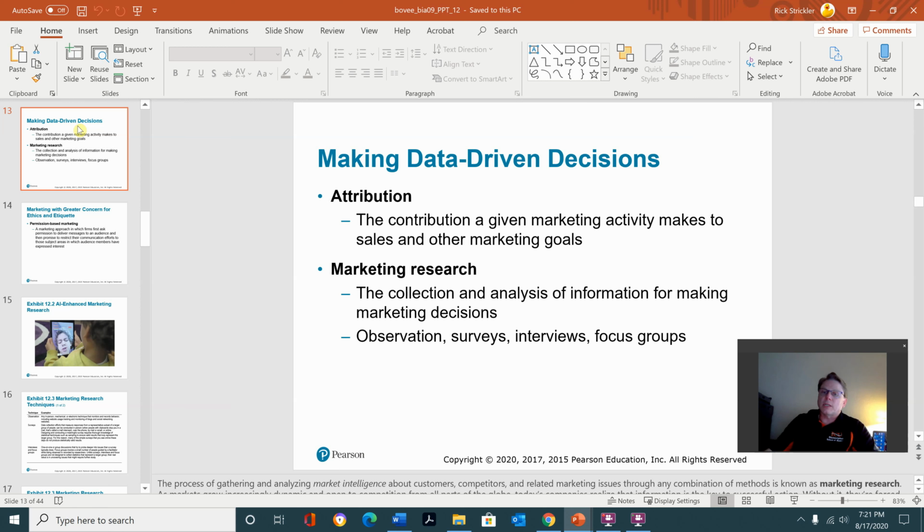Marketing research is the collection and analysis of information for making marketing decisions, based on observations, surveys, interviews, and focus groups, to see what customers want and what they don't want. One of the biggest things that hurt the German cars way back in the day was that they had no cup holders.